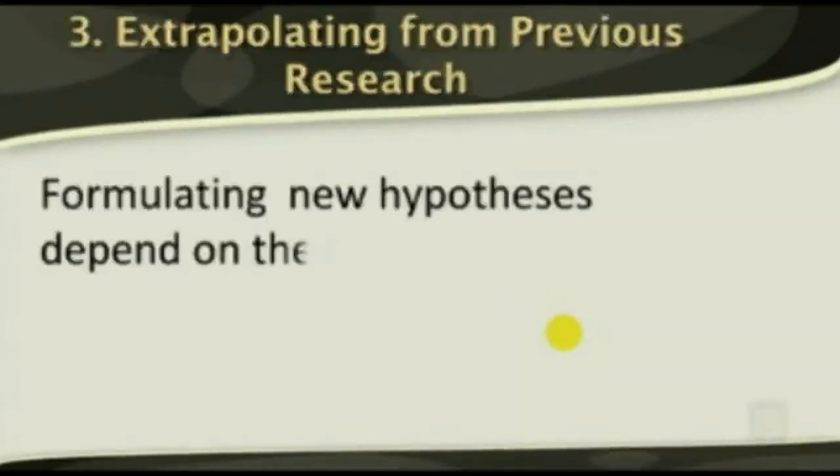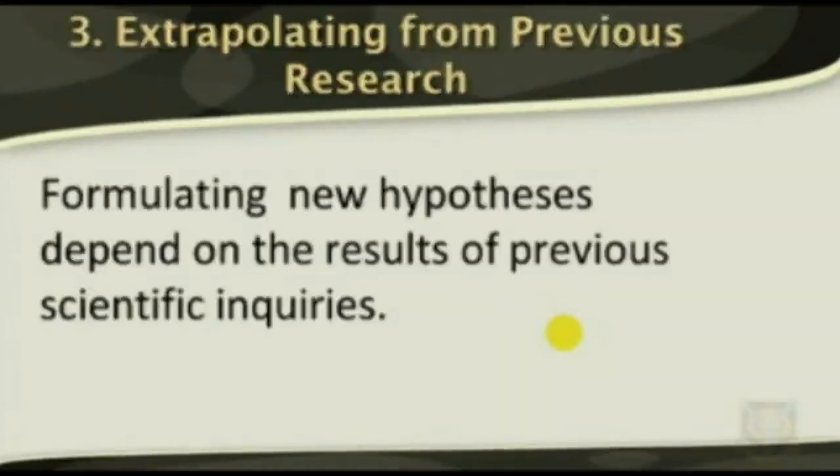Extrapolating from previous research. The hypotheses that you formulate are almost always dependent on the results of previous scientific inquiries. The findings from one experiment serve as stimuli to formulate new hypotheses. Although results from one experiment are used to test hypotheses, they can also suggest additional hypotheses.